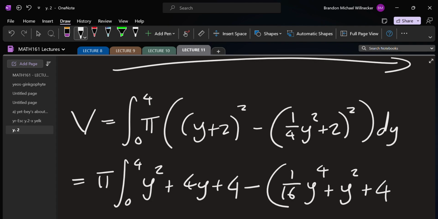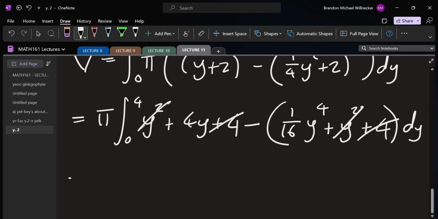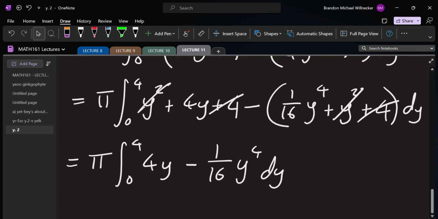Okay, everyone agree with that? Okay, minus, then this thing squared, that's going to be 1 over 16 y to the 4 plus y squared plus 4. All good? Okay, dy. Okay, things are going to cancel. We've got y squared minus y squared. That goes. We've got a plus 4 and a minus 4. That goes. All good?